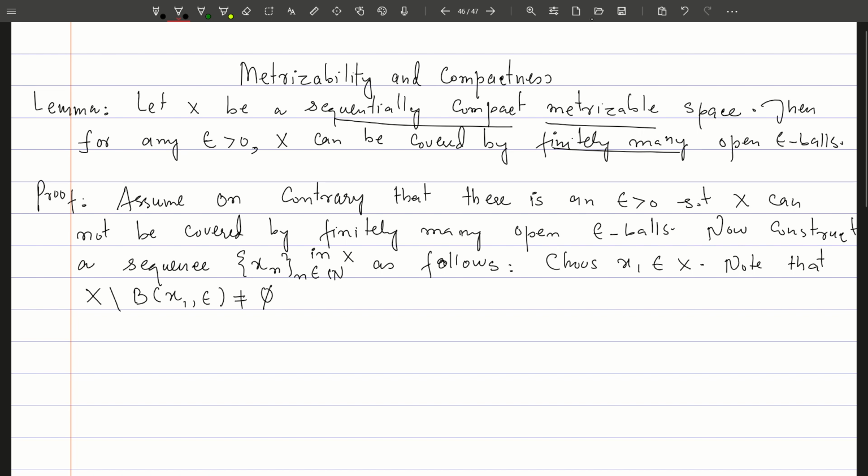Otherwise, if this is empty, then this single ball will cover X, and that is against our hypothesis, because we assume that X cannot be covered by finitely many epsilon balls. So this is our hypothesis.